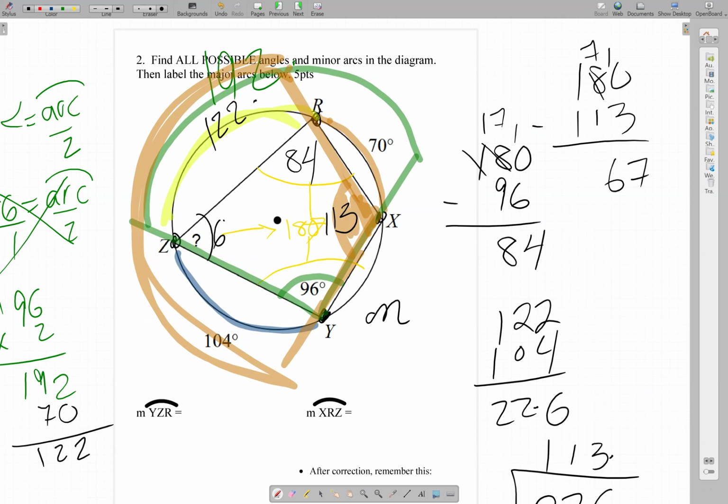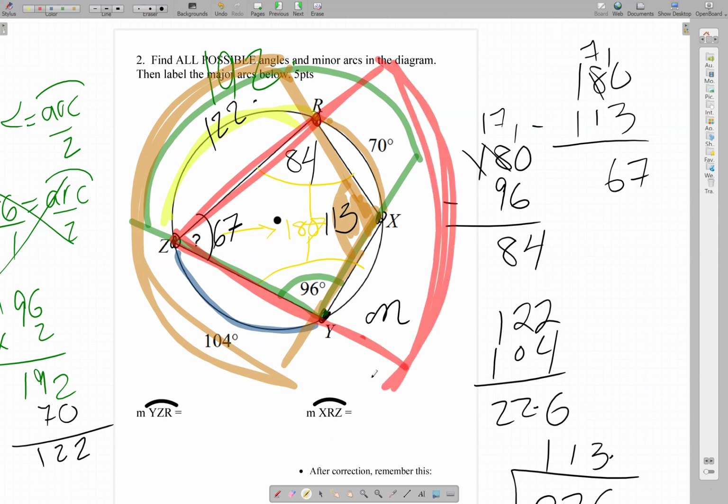I get 67. And then the 67, I can drag it out from here to here, and that gets me double. All right, and that's going to be 134. And you take away 70 from 134.